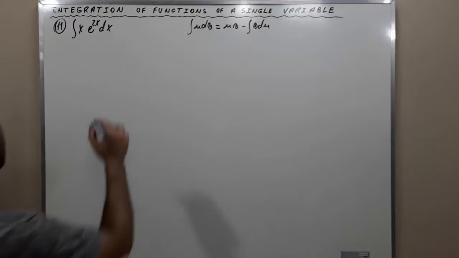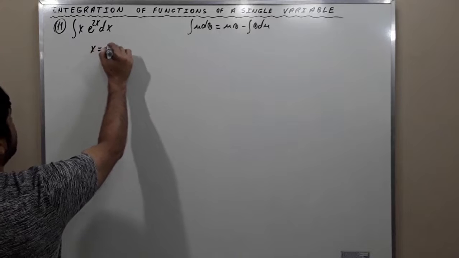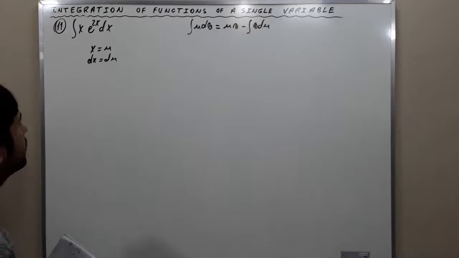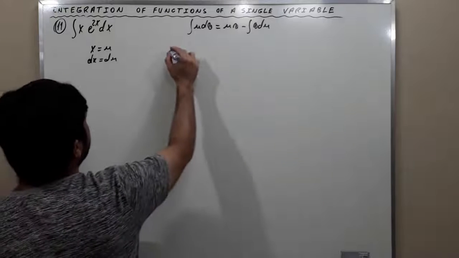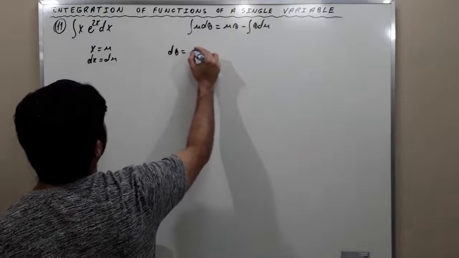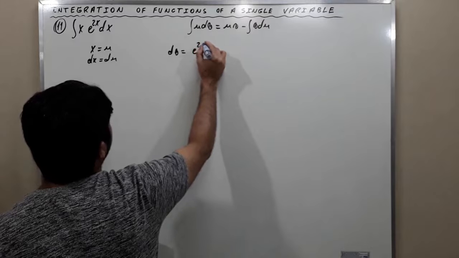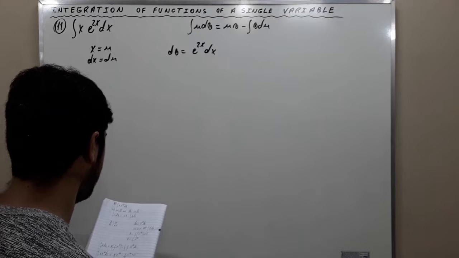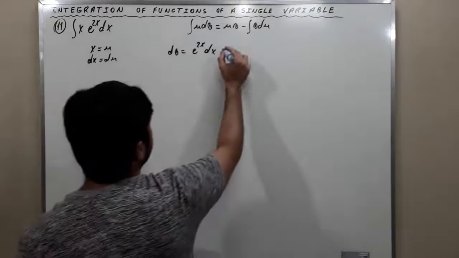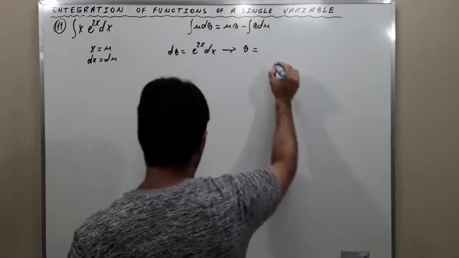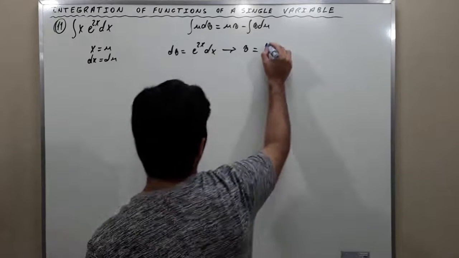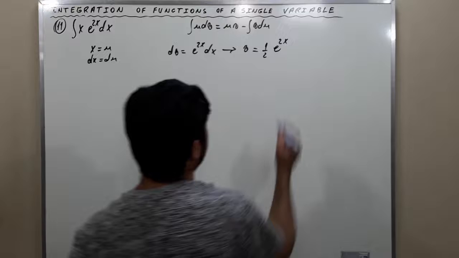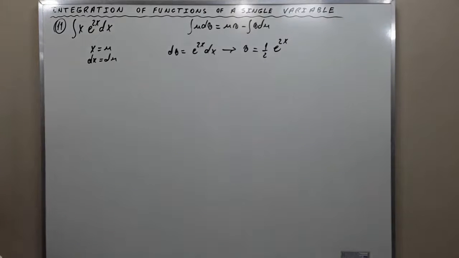We're going to call x equal to u and dx equal to du, and we're going to call dv equal to e raised to the power of 2x dx. And if we integrate this to find the v, we discover that v is equal to 1/2 of e raised to the power of 2x.